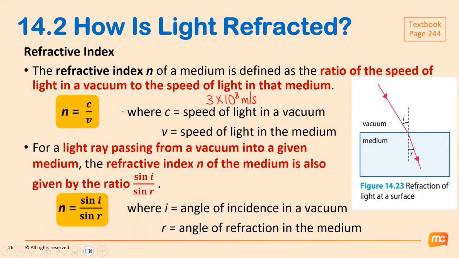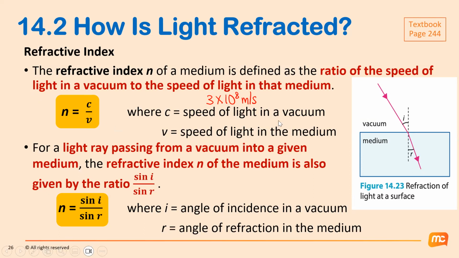This C is always the speed of light in vacuum. It will not change, and you cannot have light traveling faster than 3 times 10 to the power 8 in any other medium.